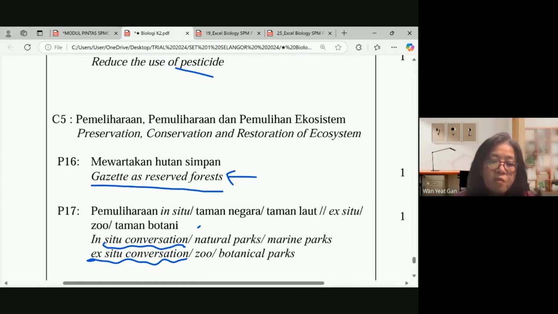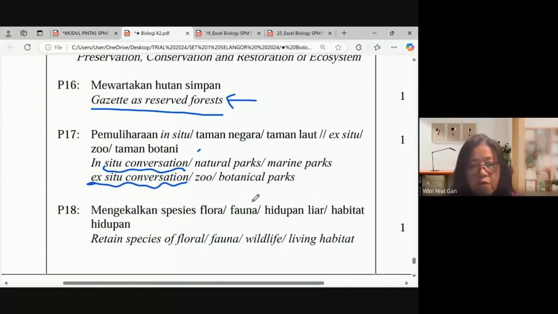Then maybe one day we reintroduce them back into the forest to their own natural habitat. So in situ means we let it be in their original habitat, while ex situ means we bring the animal or the plant out, and we let it grow in another environment where we protect, feed, and maintain them until they reach a number of population where we reintroduce them back into their natural habitat.